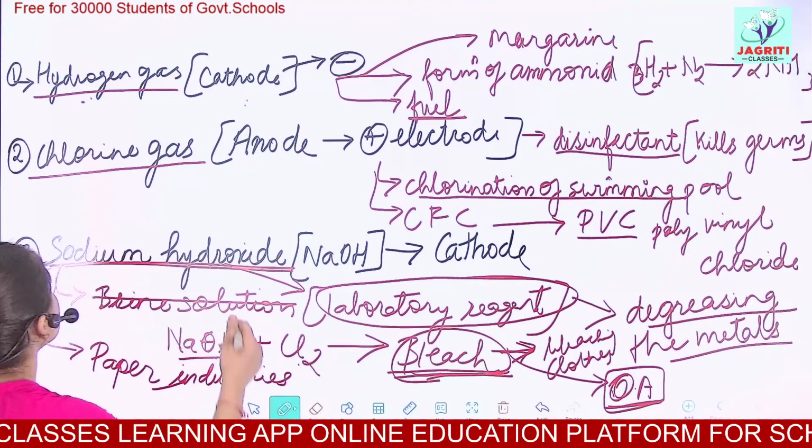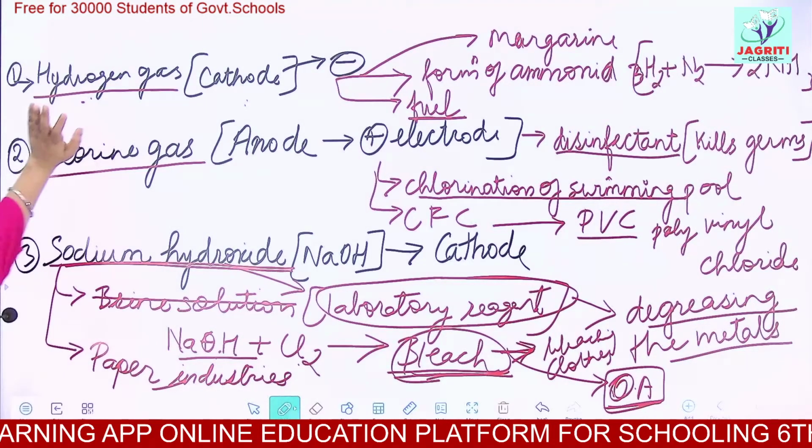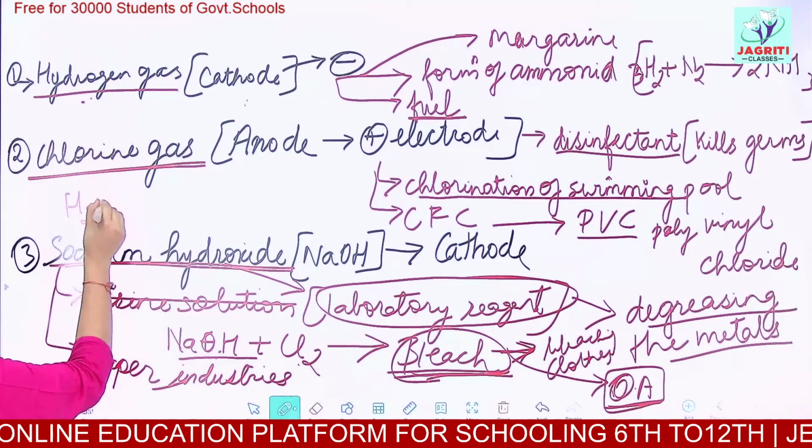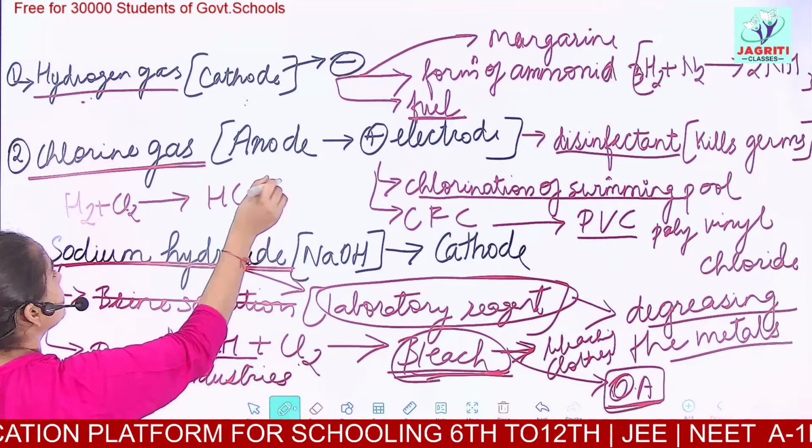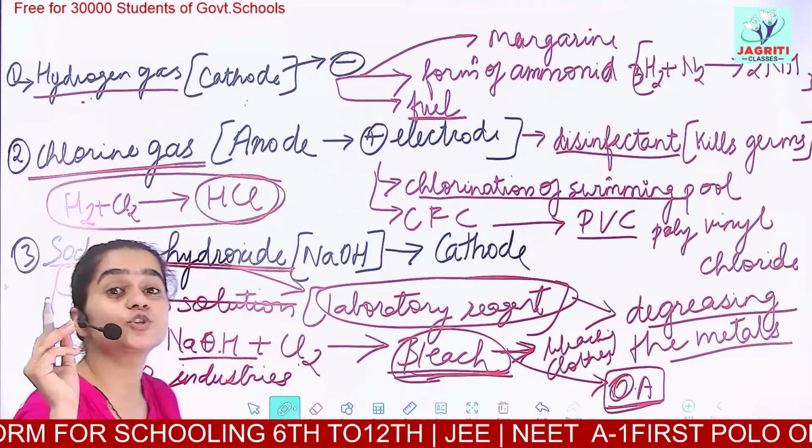Then we also have one more use, that is this hydrogen. The first byproduct combines with chlorine. Hydrogen gas combines with chlorine to form what? HCl. So this hydrochloric acid is also a very strong acid. It is used in cleaning steel.